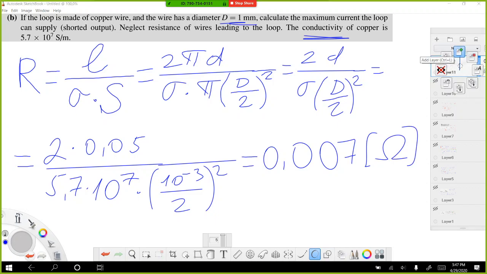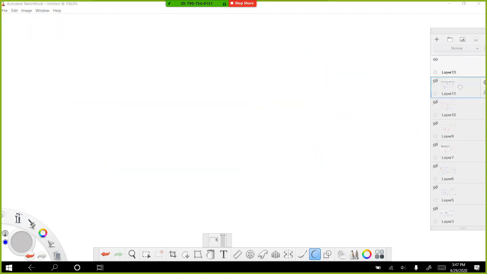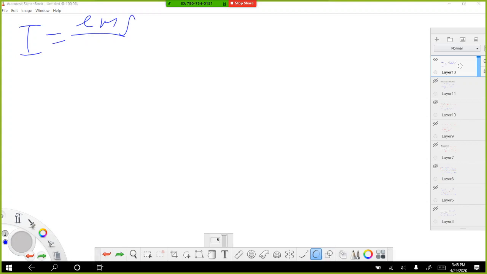And now we can compute the current flowing through the loop. Current will be equal to electric motive force over resistance.